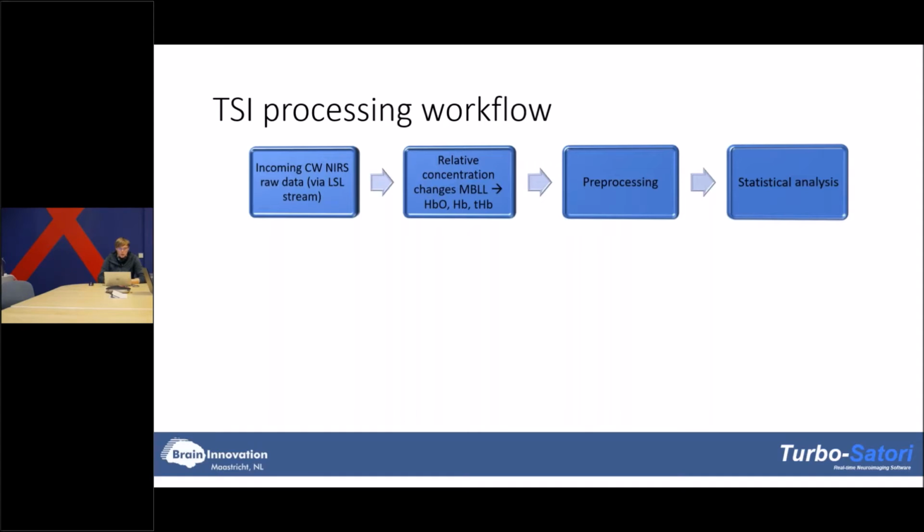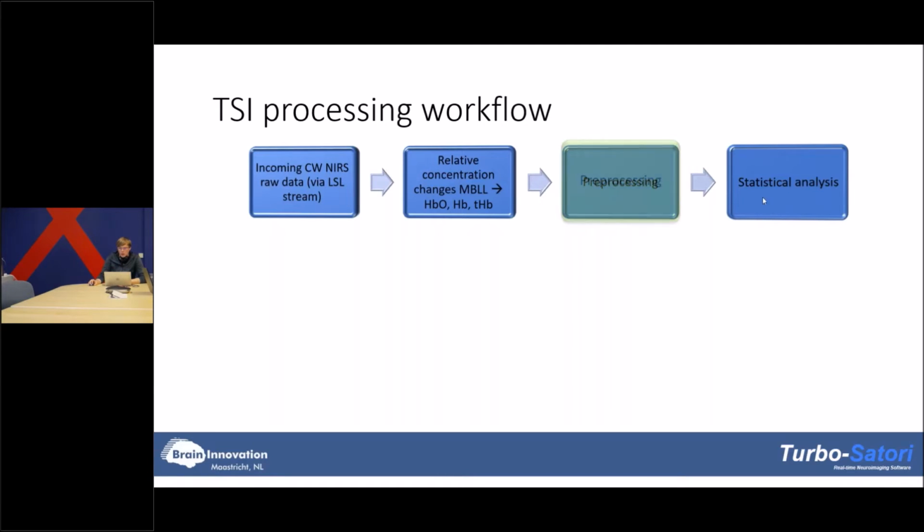Turbo Satori has a clear processing workflow. At first, you have the continuous wave NIRS data as raw data that Turbo Satori reads in via the LSL stream. So you have to set this option in NIRStar so that Turbo Satori can see NIRStar. Then it calculates the concentration changes using the modified Beer-Lambert law. Afterwards, we perform the pre-processing, followed by the statistical or the overall analysis.